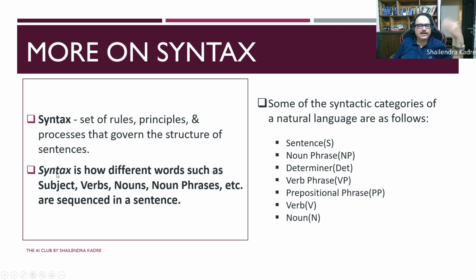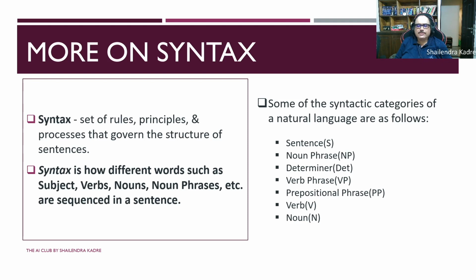Here is another definition of syntax: syntax is how different elements such as subjects, verbs, nouns, noun phrases, etc. are sequenced and collected to form a sentence. These kinds of rules are called syntax.